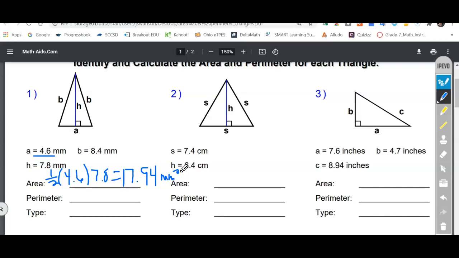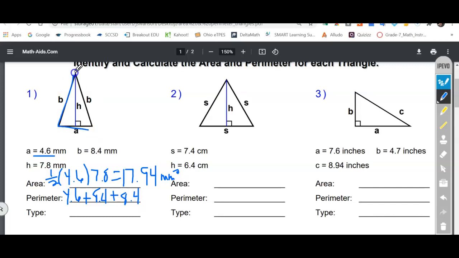Right. H is the height of the whole thing. So we don't want H on the perimeter. So we're going to go A 4.6 plus B, which is 8.4, plus the other B, which is 8.4.